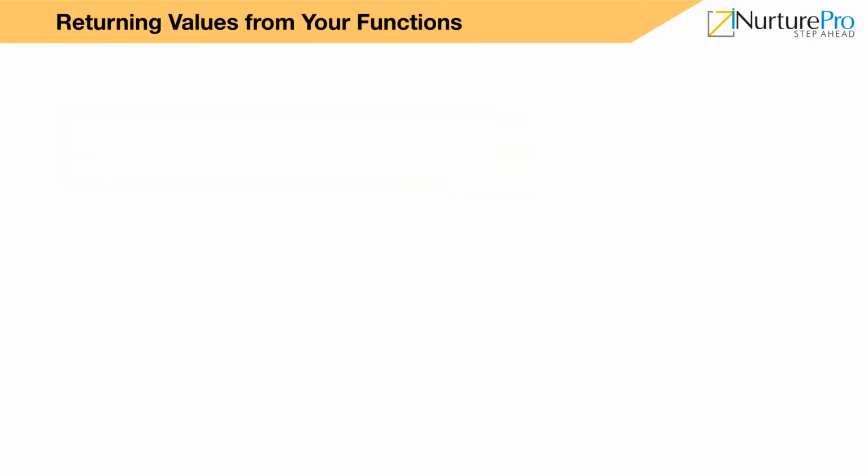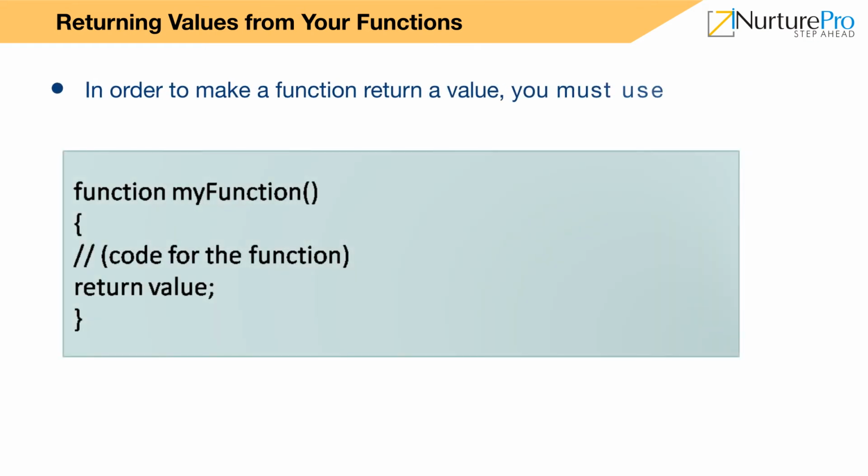As already stated, some functions return a value while some will not. In order to make a function return a value, you must use the return keyword. When a return keyword is found in a function, the PHP engine immediately exits the function and returns back to the point where the function was called and returns a value to the calling code.